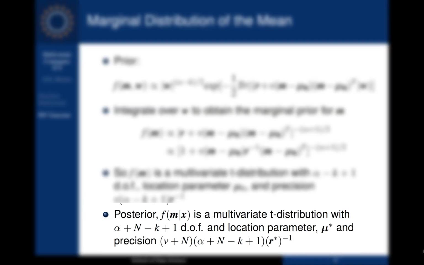And that is given by, again, a multivariate t because it's conjugate. So the prior was a multivariate t, and the posterior is now a multivariate t. So this is for the mean vector of the likelihood given the data x, and it has alpha plus n minus k plus 1 degrees of freedom, a location parameter mu star given by the conditional posterior distribution for the mean, and a new precision matrix, this time updated by the data.